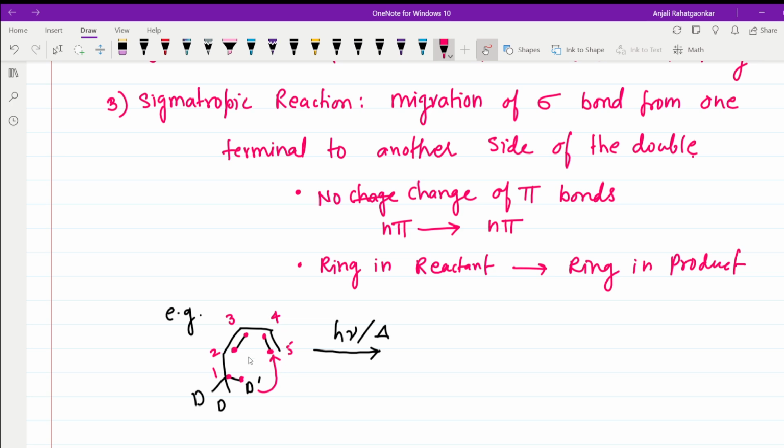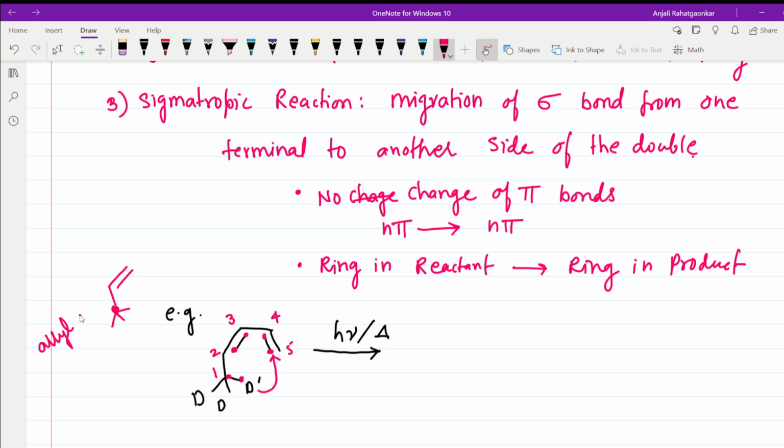Why not this to this? Why not 5 will be 1? Because we know that, look at this particular structure. This carbon is the allyl carbon.